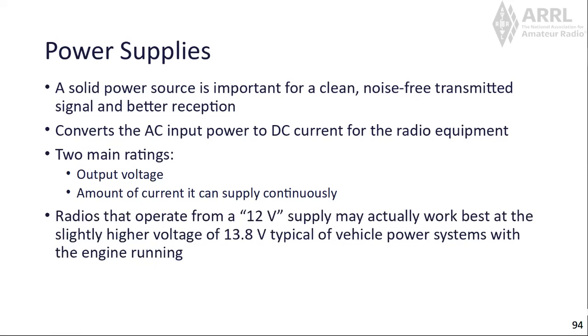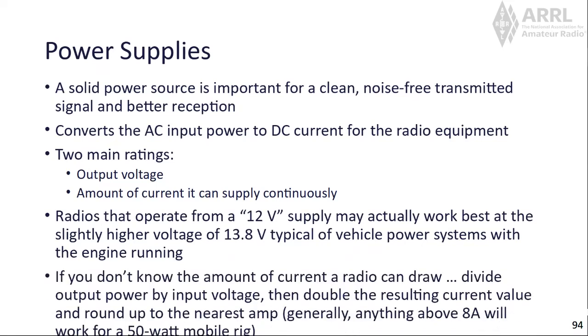Okay. Radios that operate from a 12-volt supply may actually work best at a slightly higher voltage of 13.8, typical of a vehicle power system with the engine running. If you don't know the amount of current a radio can draw, divide the output power by the input voltage. You remember Rick's little circle?